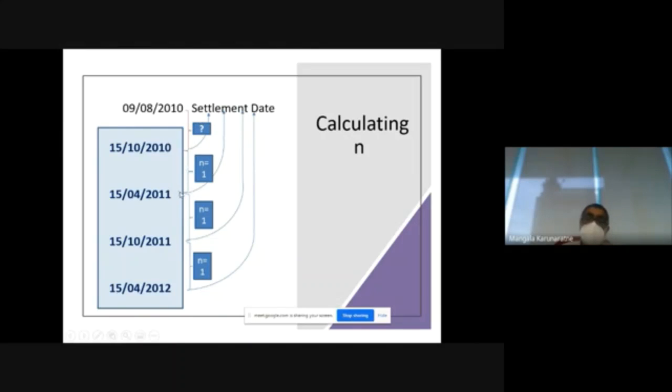The second will have 1 plus this. The third will have 2 plus this question mark, the fraction of n in this period. Then the last one will come at 3n, n equals 3, plus this period, right?